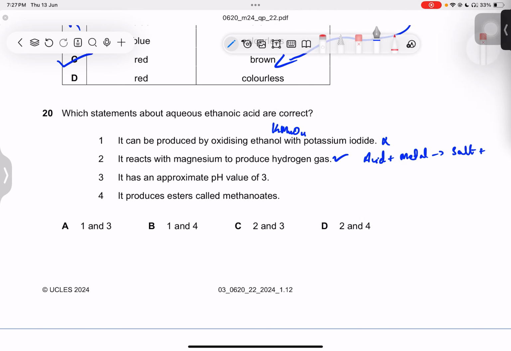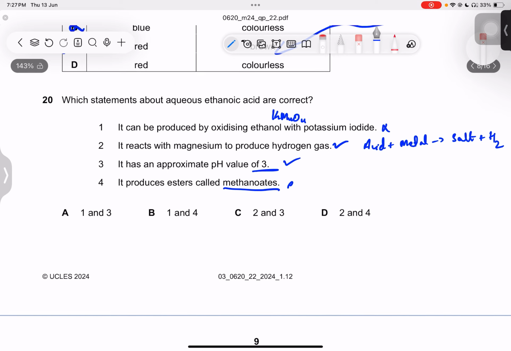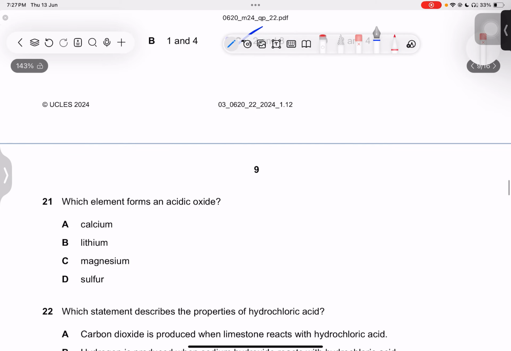It has an approximate pH value of 3. Yes, it is a weak acid, so it shouldn't have a pH of 1 or 2. It should have a pH of 3. It produces esters called methanoates. No, the ester should be ethanoate because ethanoic acid is used. So statements 2 and 3, which means option C is correct.